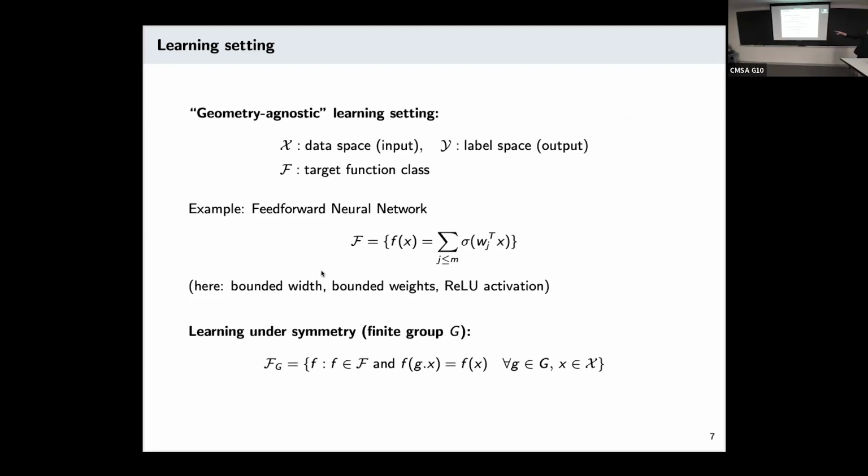So here we consider a restriction of the function class f to f sub g, and that contains the subset of all functions that are invariant under elements of the group G. So the group G here characterizes the symmetries in our data, and invariant here, of course, means that if one of the group elements acts on a data point, then that shouldn't change the output. Right, like we had earlier an example with the image classification. If we translate the object in the image, then the label dog should not change.